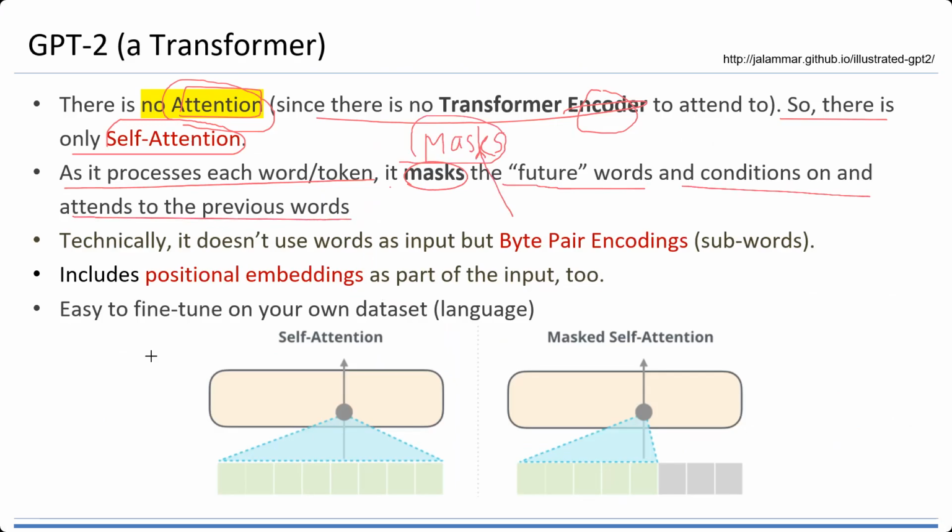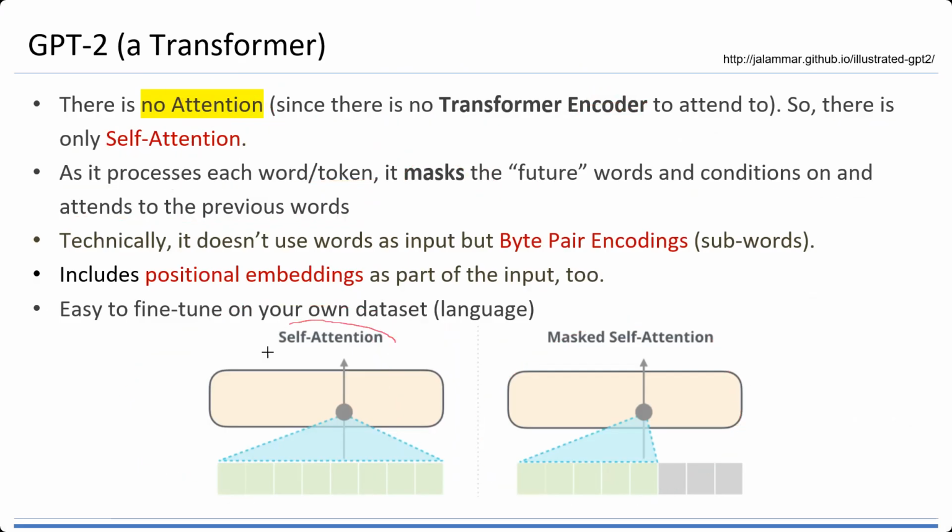So if you look at this figure, it mentions that in self-attention, we look at every one of the inputs and then create one value, which will be fed forward to the GPT.